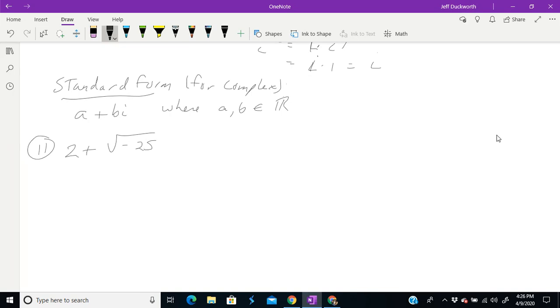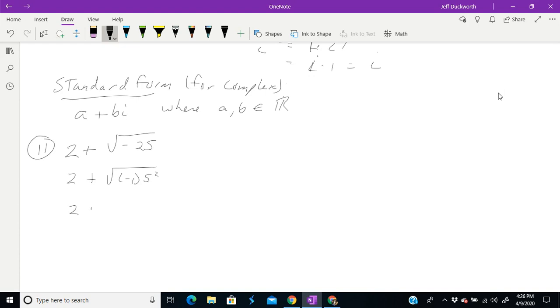Typically if you see a negative number inside of a radical, a square root, you simply pull out an i ahead of time. I'm going to do that in the future, but right now I'm just going to show you by hand how this would work. So this is 2 plus the square root of -1 times 5 squared.